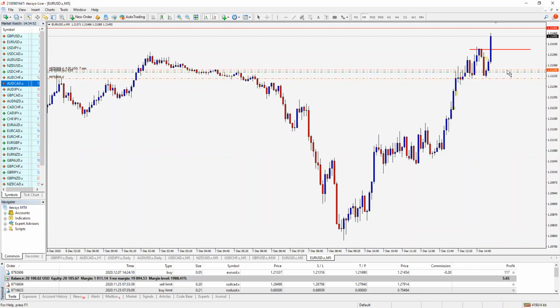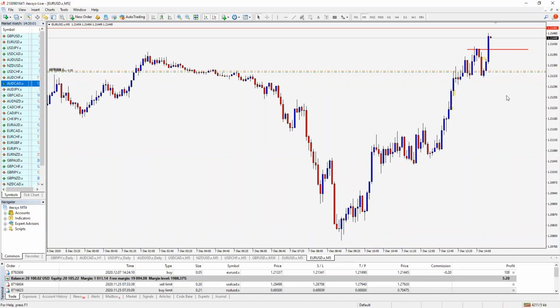You can trail your stop to a break-even position, or even book profits. I'm not a big fan of trailing stops too early, because I need to give the market room for normal fluctuation. If you trail your stop too tight, the market will likely just come back, take your stop loss, and then continue in your favor.